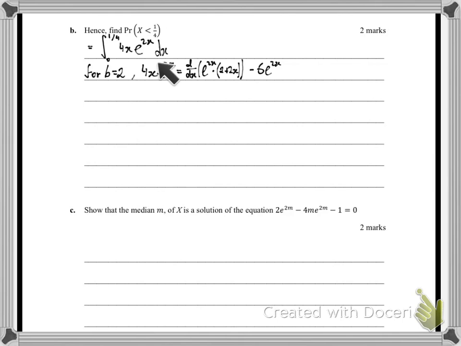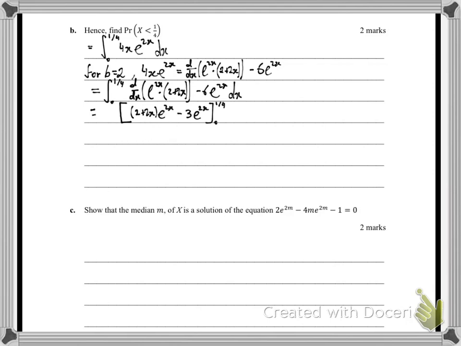So we substitute that into our integral now. So we're doing the integral of this right hand side here. The integral of the derivative is an easy thing to do. And then we've got the integral of this, negative 6 e to the 2x, and this becomes our integral formula.